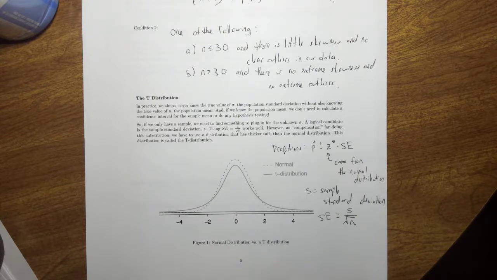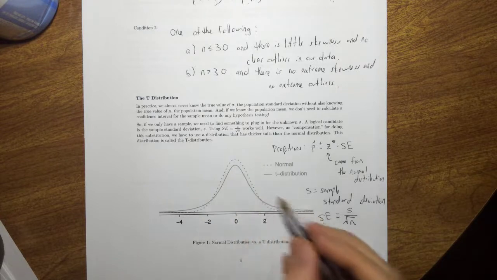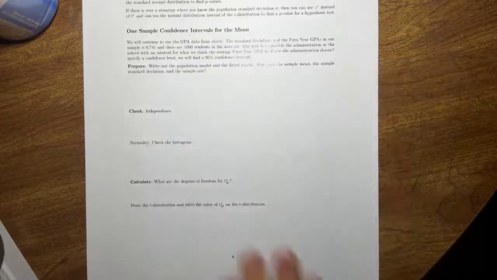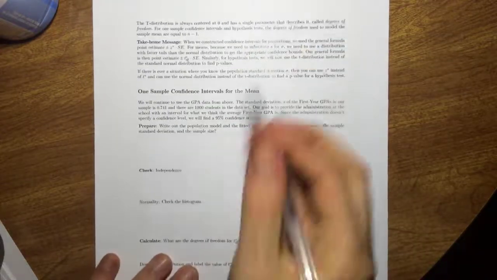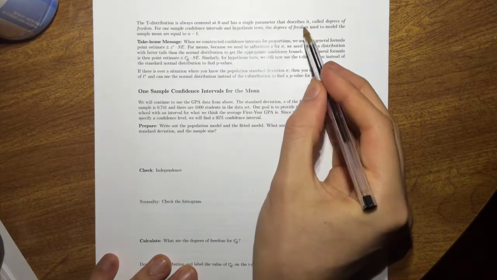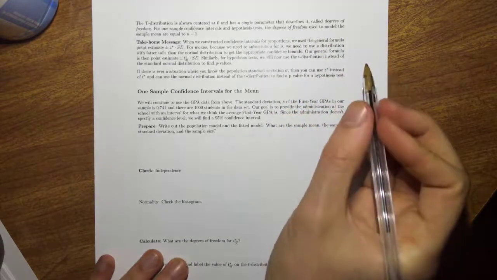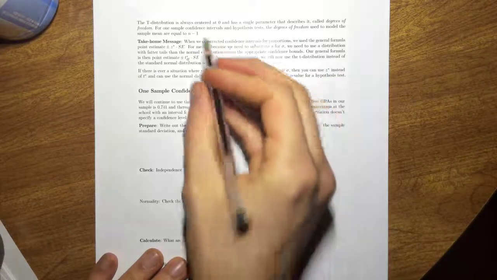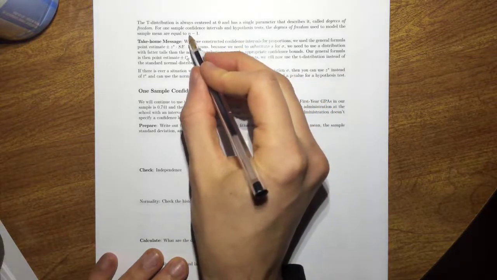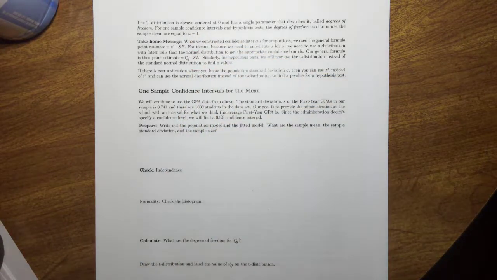But instead of the normal distribution, we're going to use the t distribution from now on. How fat the tails are is controlled by something called the degrees of freedom. In the simplest possible setting, the degrees of freedom are always going to be equal to n minus 1, which is our sample size minus 1.